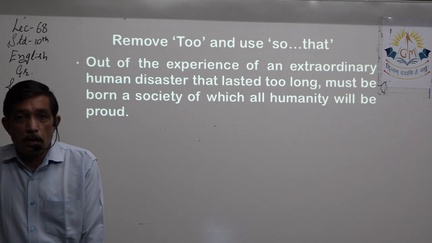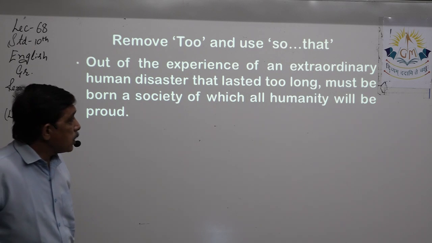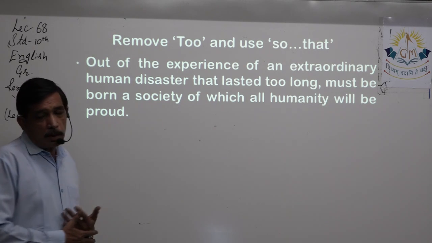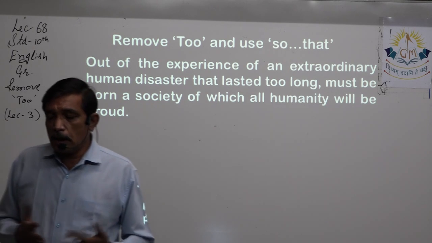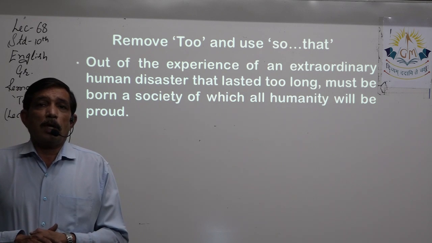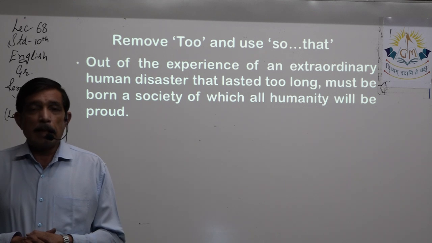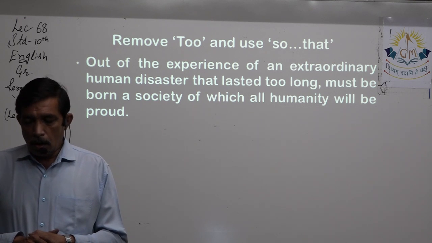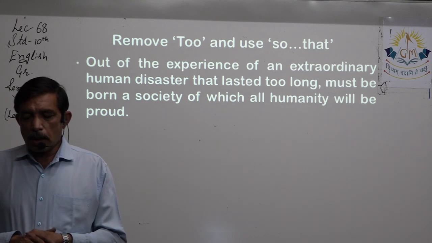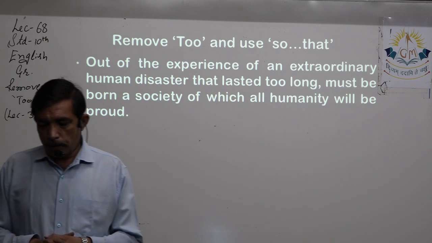So lots of time is given to you so that you can write down the question. I am dictating: out of the experience of an extraordinary human disaster that lasted too long, must be born a society of which all humanity will be proud.